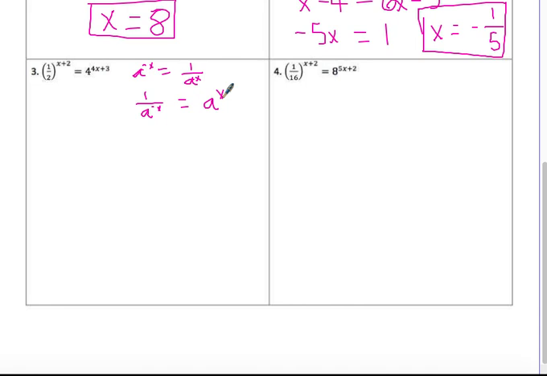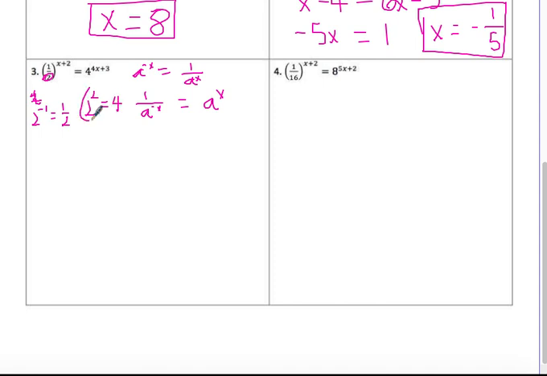So how can I apply that here? So I have two bases that look very different, but here I see a 2. So I know that 1/2 to the power of negative 1, or rather 2 to the power of negative 1 equals 1/2. And 2 squared equals 4.